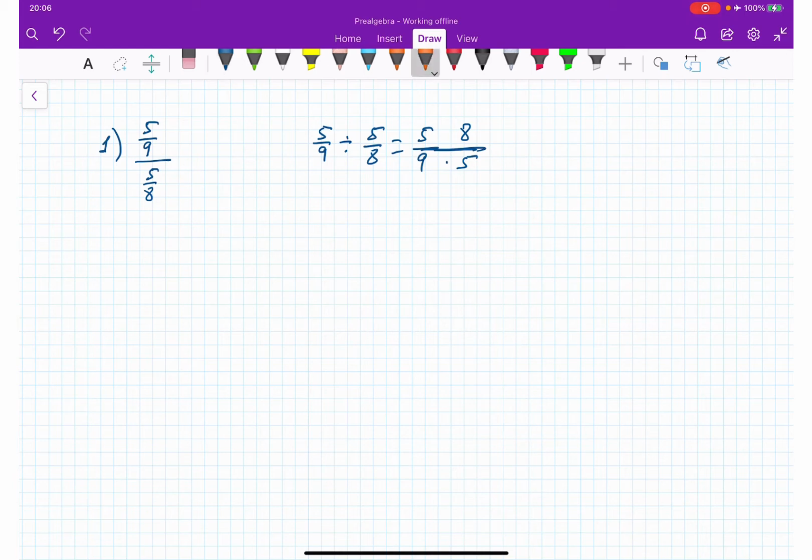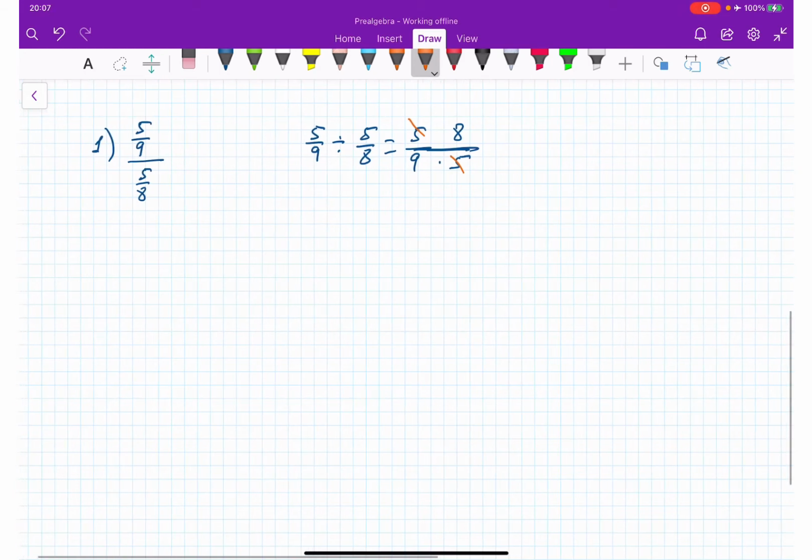Okay, then 5 and 5 I can cancel, because I can cancel any term in the numerator with any term in the denominator. And the result is 8 over 9. Okay, so I can write down 8 over 9.